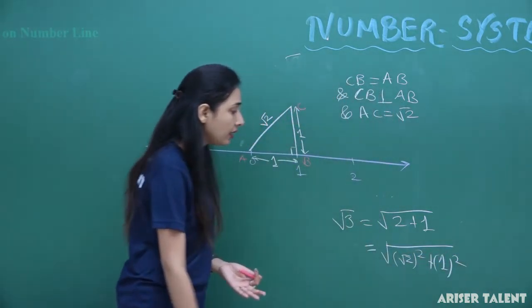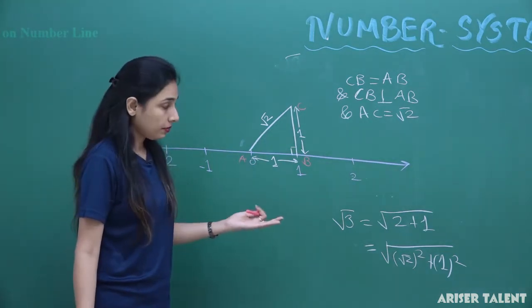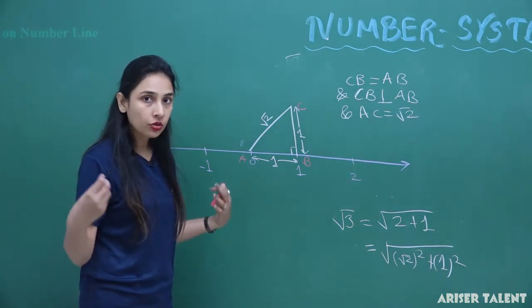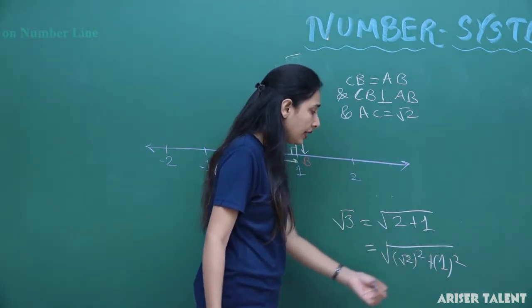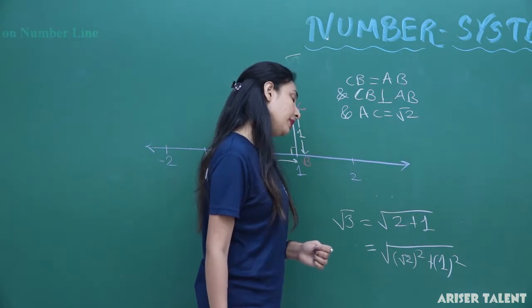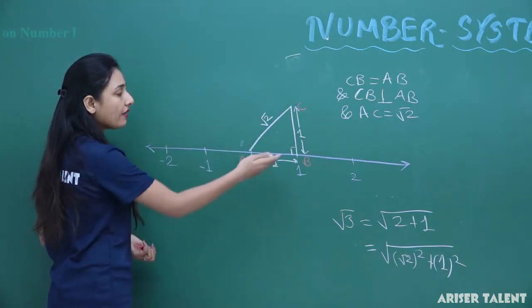That means I need a right angle triangle with base root 2 and perpendicular 1, or perpendicular root 2 and base 1. Either way, if root 2 is the base, then 1 has to be the perpendicular, and if 1 is the base, then root 2 is the perpendicular. So now in that case, I have root 2 here, and I have some 1 here.